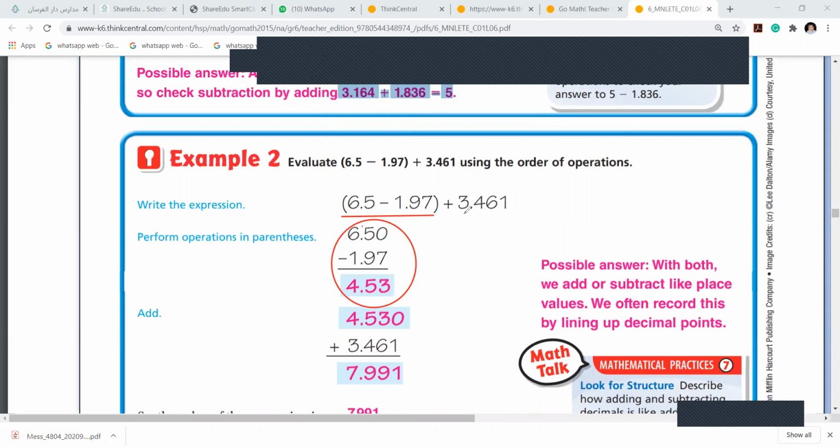Got it? Miss, how do you plus it with 2? This is the first part, this is the second part. What is the second part? 3.461. So I took the answer and I plus it with 3.461. I got 7.991. Now check if you have some question. No.